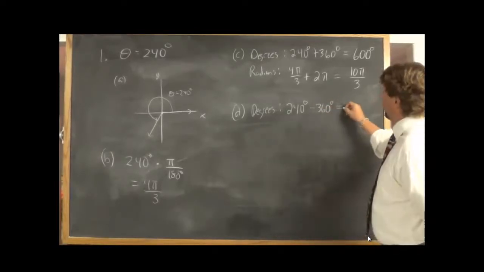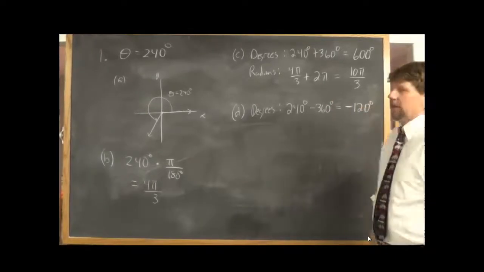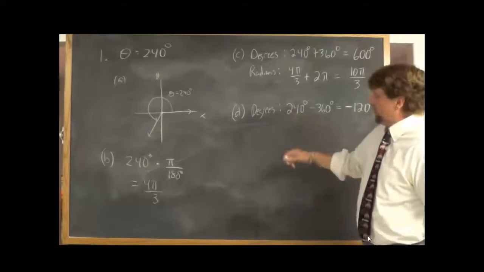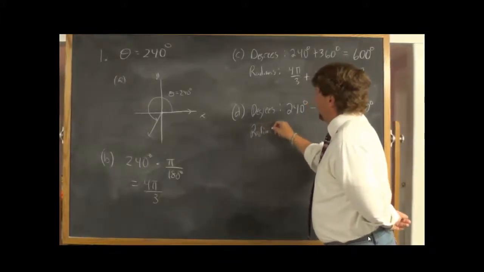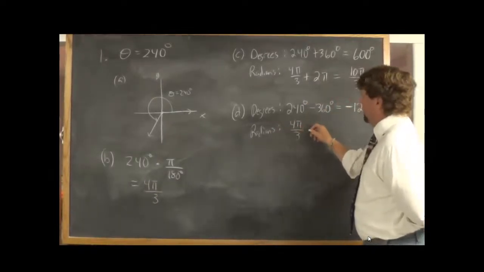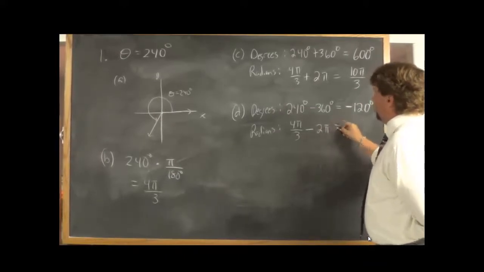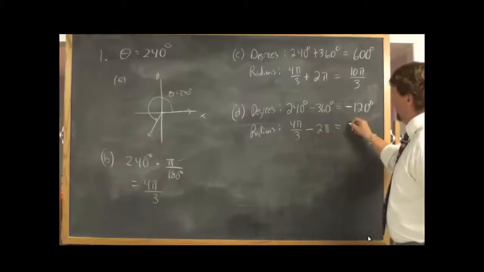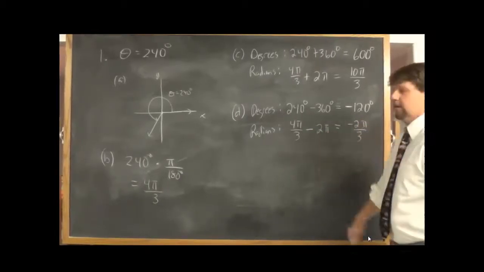And that would give you negative 120 degrees as being an angle that would be coterminal to 240 degrees. Likewise, with radians, it would be 4 pi over 3 minus 2 pi. So 4 pi over 3 minus 6 pi over 3 gives you negative 2 pi over 3.